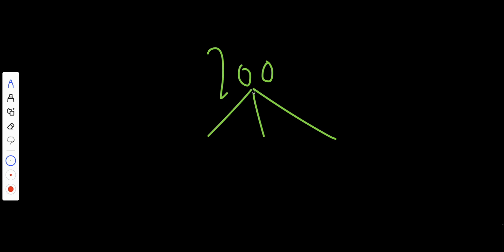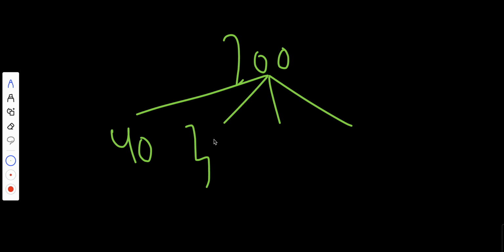We will have the 200, for example. It will be divided into four different children: 40, 30, 60, and 70, and recursively it will split itself.